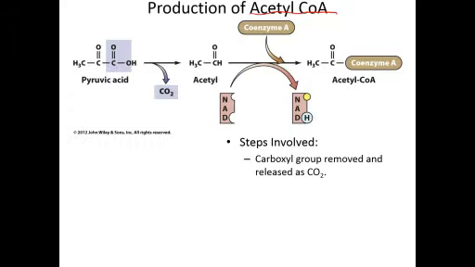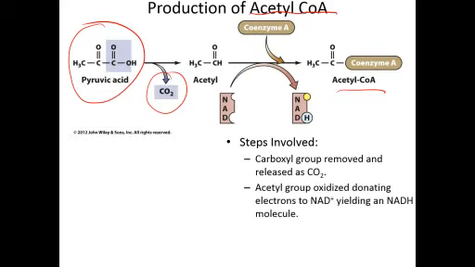Alright, so here you have your pyruvate or pyruvic acid. Notice that in blue, pyruvic acid has a carboxyl group. One of the initial steps involved in producing acetyl-CoA is that this carboxyl group has to be cleaved, and this is where you release carbon dioxide. What you're left with once you remove this CO2 molecule is an acetyl group.